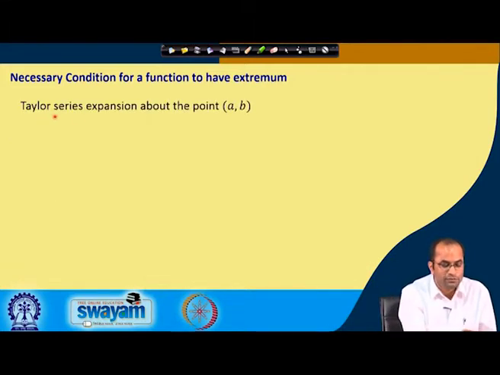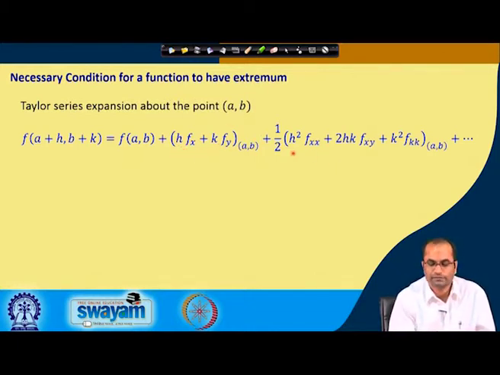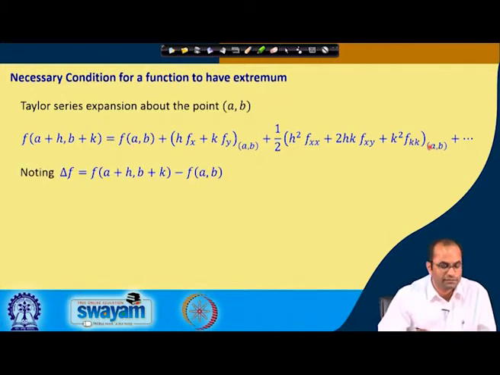If we use the Taylor series expansion about this point (a, b), what will happen here? f(a plus h, b plus k) will be equal to f(a, b), and we have already discussed this in the last lectures, plus h f_x and k f_y, the first order derivatives, then the second order derivatives at (a, b) and so on. We can write down this expansion about the point (a, b) as long as these derivatives exist.